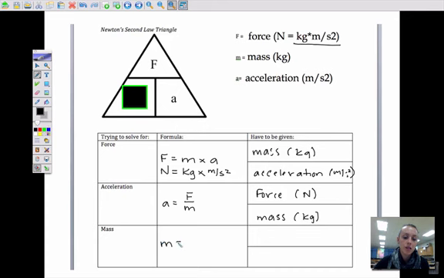So M is equal to force over acceleration. So force divided by acceleration. So in order to solve for mass, we have to be given force in newtons and acceleration in meters per second squared.